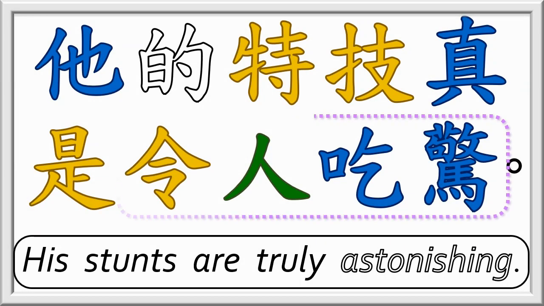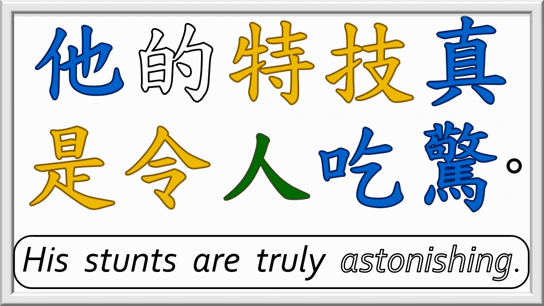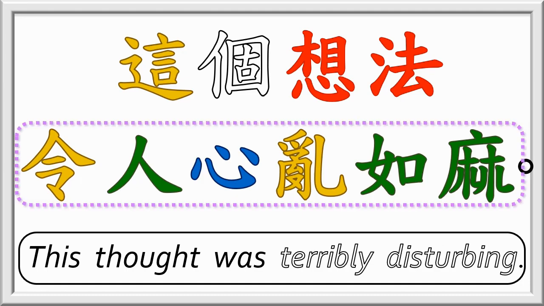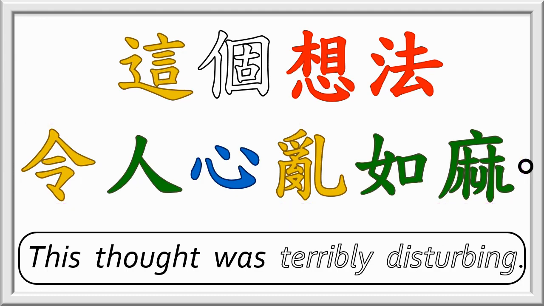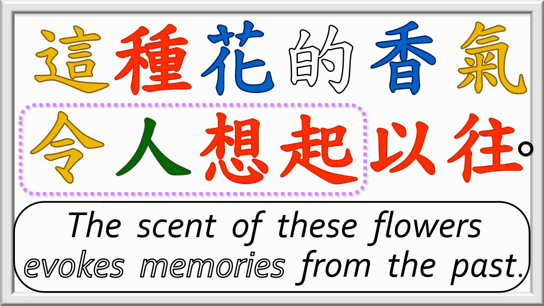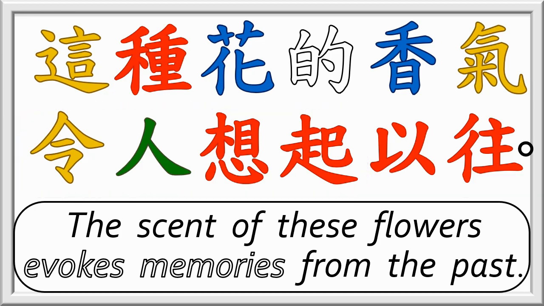Now we have 令人怎么样, which often translates into an English ing participle. 他的特技真是令人吃惊。His stunts are truly astonishing. 这个想法令人心乱如麻。This thought was terribly disturbing. 这种花的香气令人想起以往。The scent of these flowers evokes memories from the past.